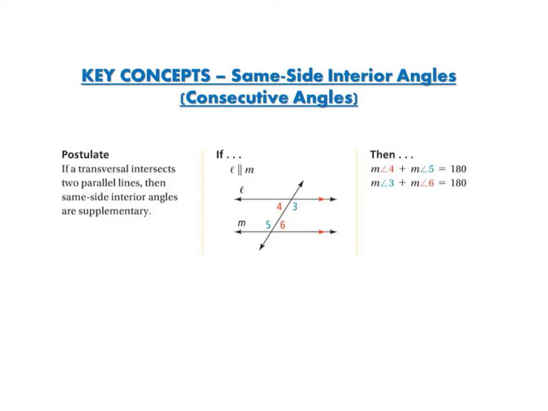So if a transversal intersects two parallel lines, then the same side interior angles are supplementary. Based on that, angles 4 and 5 added together would be 180, and angles 3 and 6, if you add them together, they would equal 180.